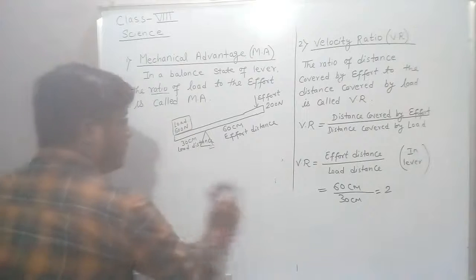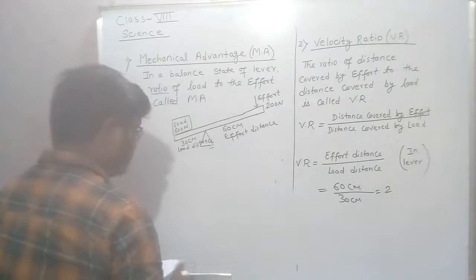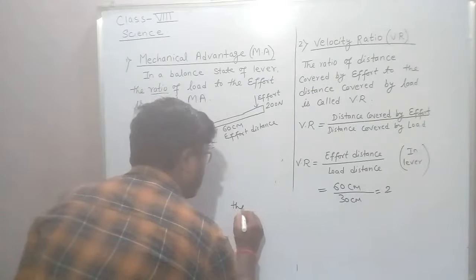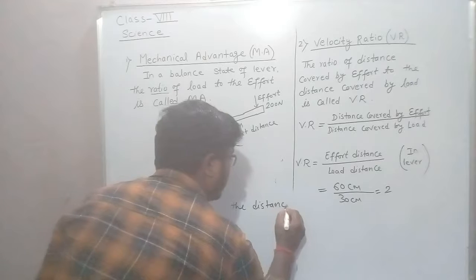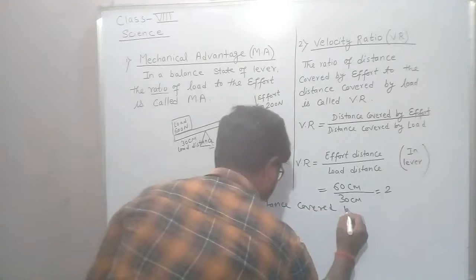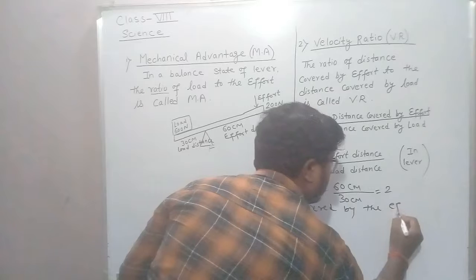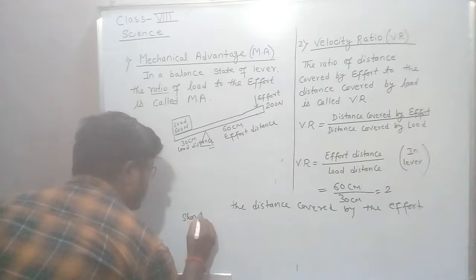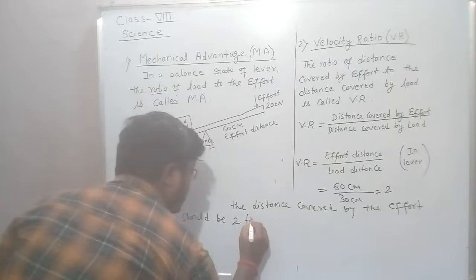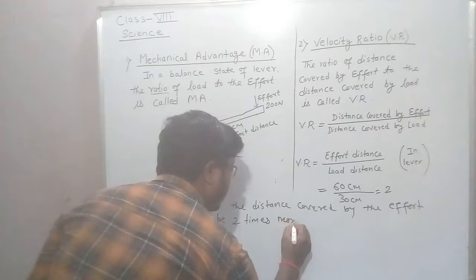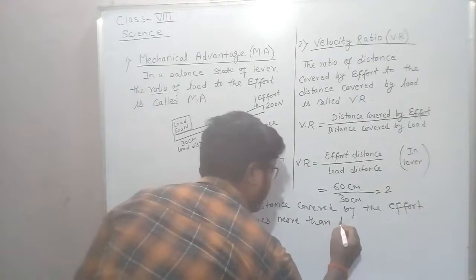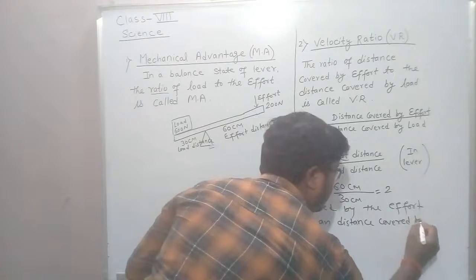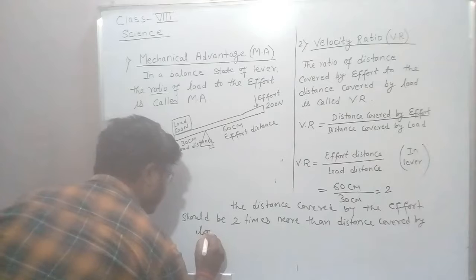The meaning of this 2 is, velocity ratio 2 means the distance covered by the effort should be 2 times more than the distance covered by load.